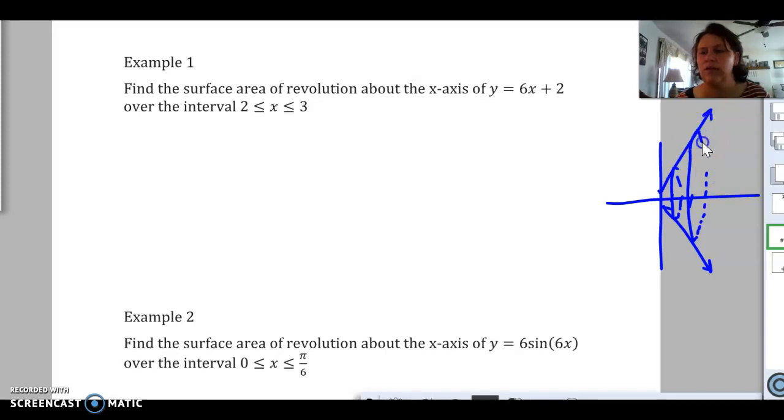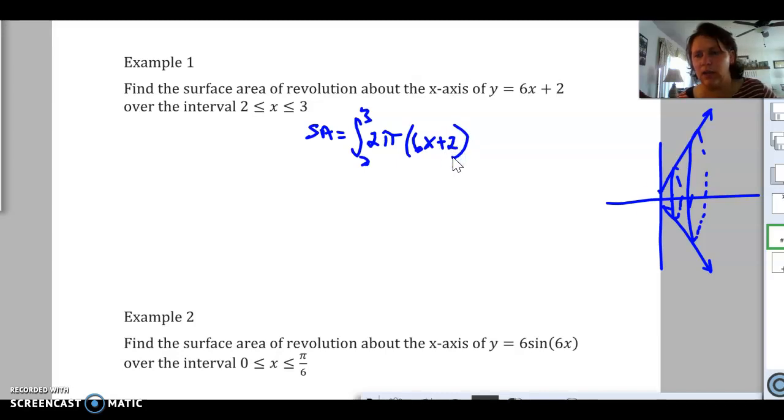And we want to find the surface area of that. So we could use our equation. So the surface area is equal to the integral from a to b, which in this case is going to be from 2 to 3, of 2 pi f of x, which is 6x plus 2.